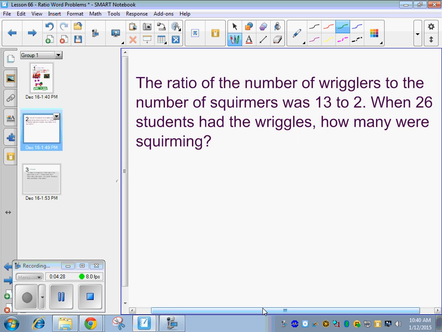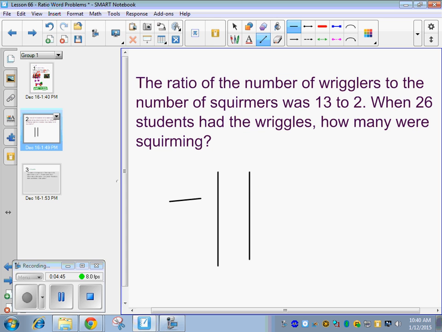So the ratio of the number of wrigglers to the number of squirmers was 13 to 2. When 26 students had the wriggles, how many were squirming? All right. Interesting word problem. So go ahead and draw our ratio box.